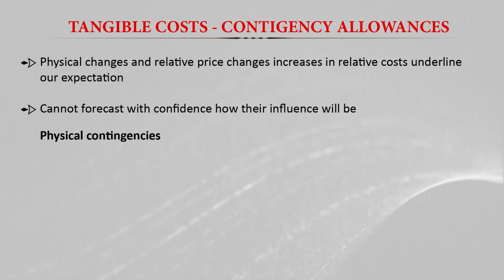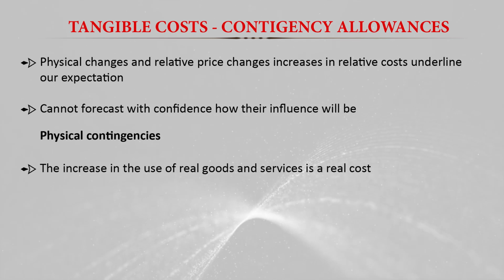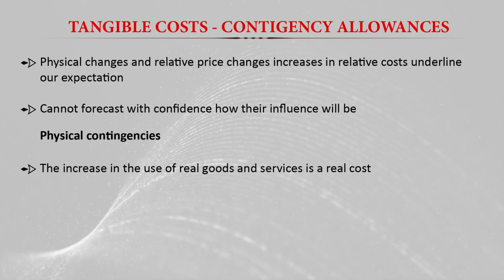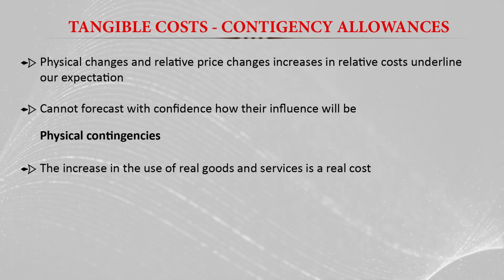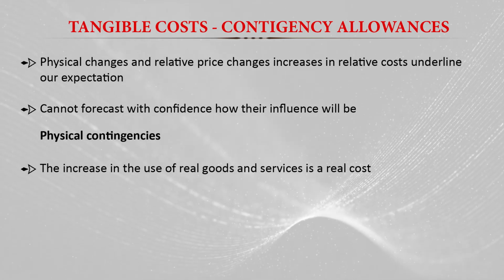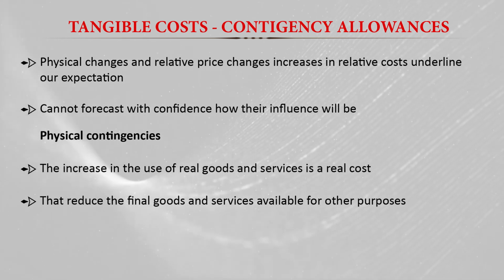When we talk about the physical contingency, basically the increase in the use of real goods and services is a real cost. So when we implement the project, there is an increase in the amount required of the real goods and services. So there is a change in the cost, that is basically real cost, and that reduces the final goods and services available for the purpose.